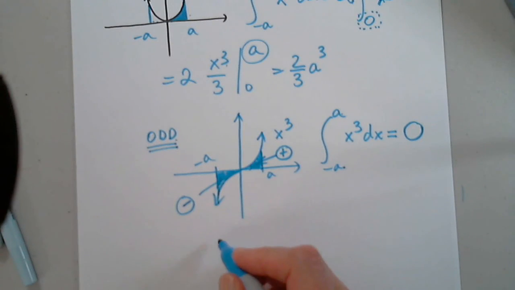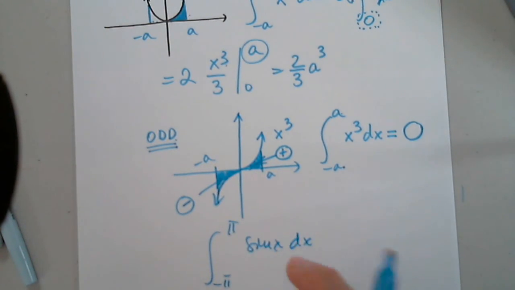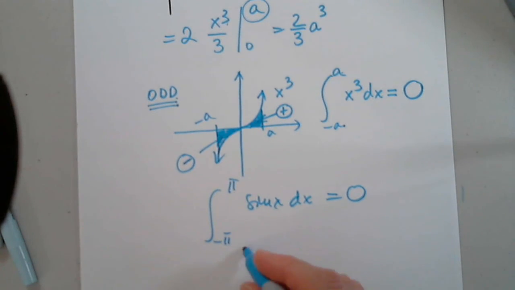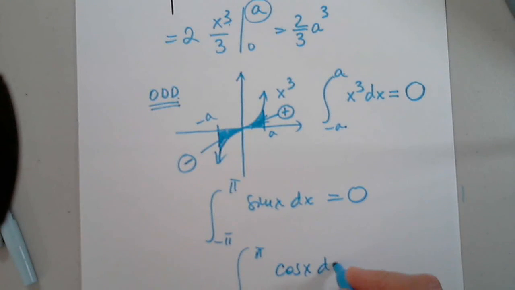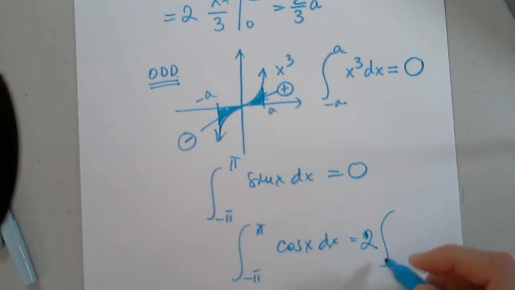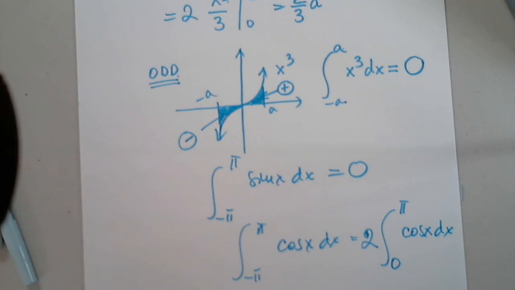For example, the integral from negative pi to pi of sine x dx, knowing that sine is odd and the interval is symmetric, I guarantee you the answer is 0. You don't have to calculate anything. The same with the integral from negative pi to pi, for example, of cosine x dx. But this is an even function, so this will be twice the integral from 0 to pi of cosine x dx.